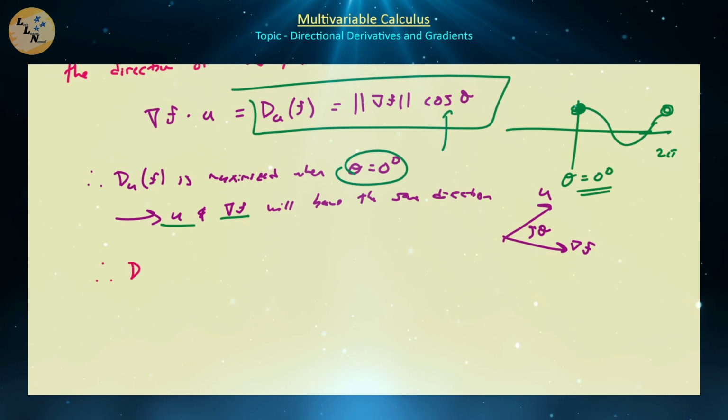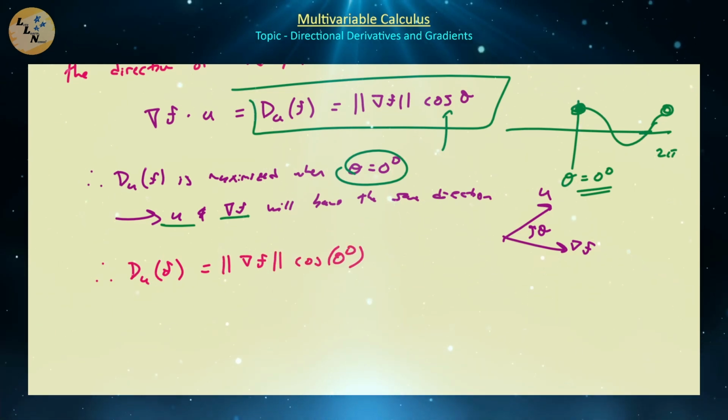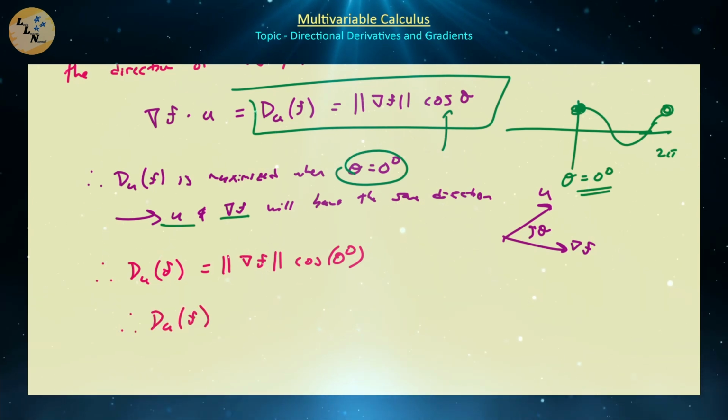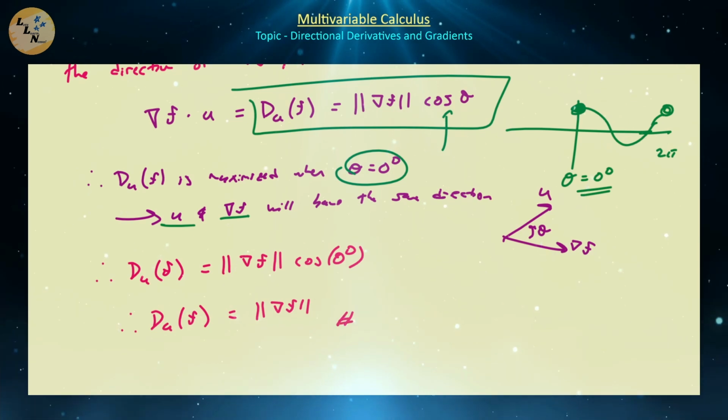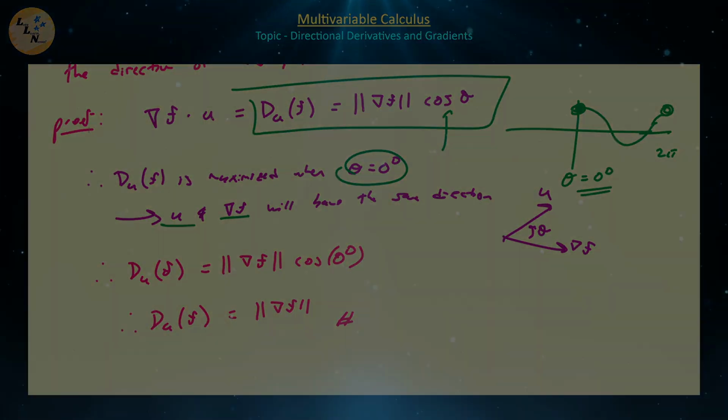The directional derivative of f in the direction of u is going to be equal to the length of the gradient of f times the cosine of 0 degrees, which is going to be equal to the length of the gradient of f. Right, so the directional derivative of f is going to be equal to the length of the gradient, which completes pretty much the informal proof of the theorem I just stated.